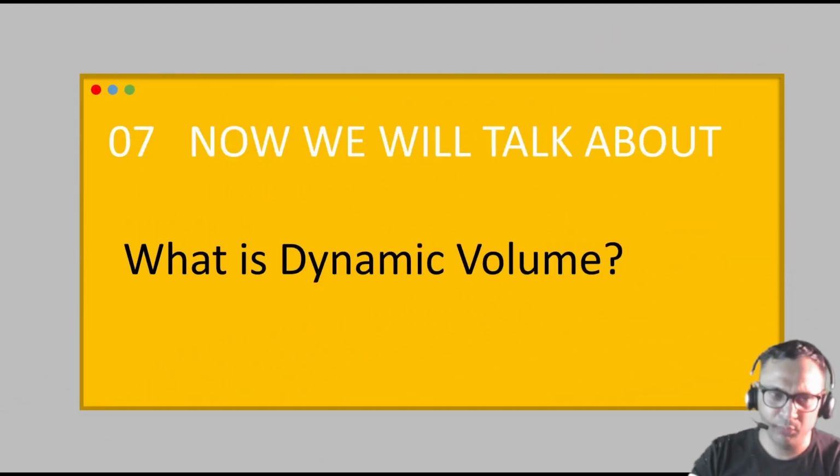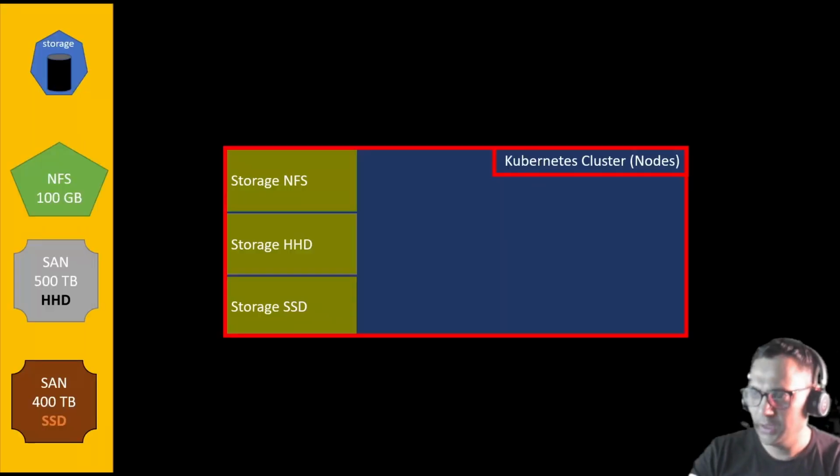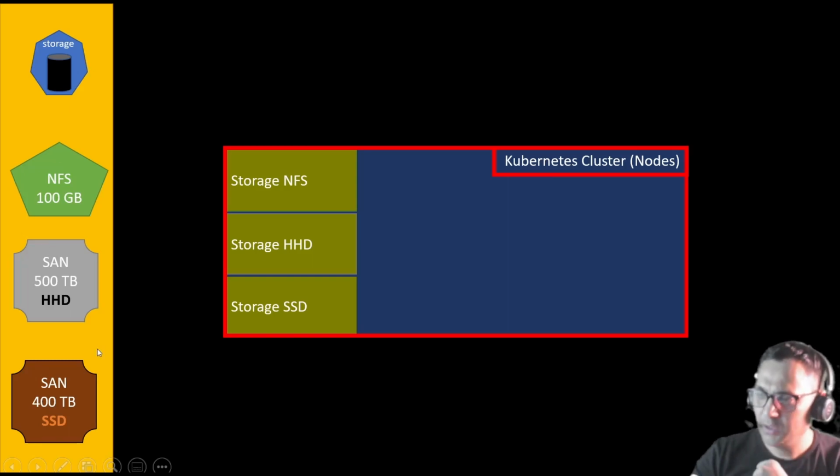So what is dynamic volume? Here we have one storage and three different storage servers: NFS for simple file mounting, hard disk for backup purposes, and SSD for database servers. For critical data we use SSD because SSD has good speed and HDD has low speed.